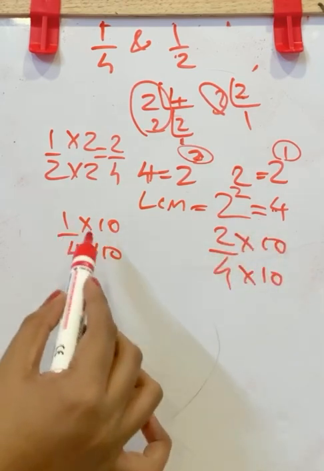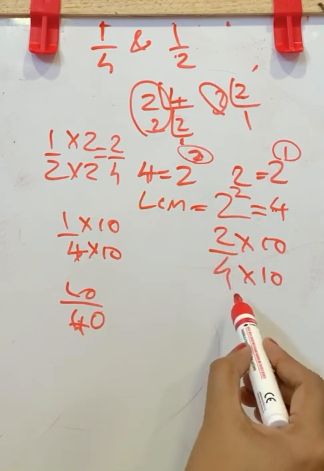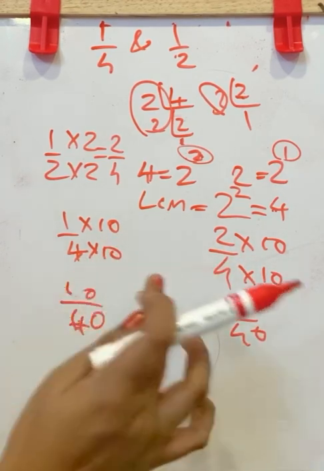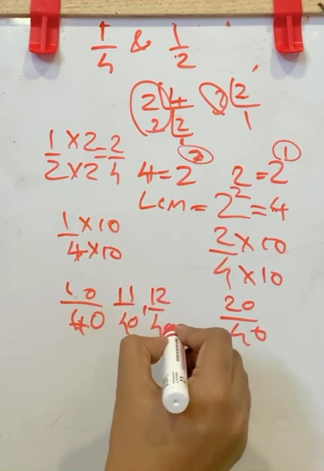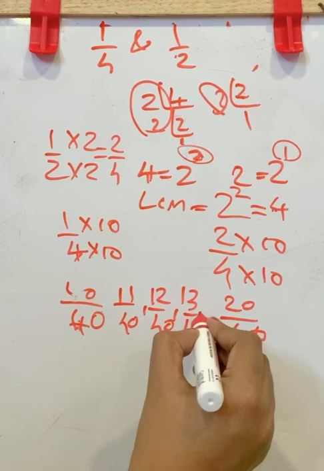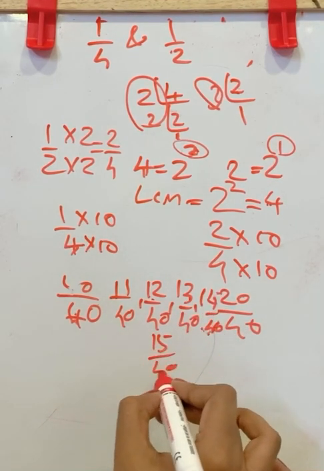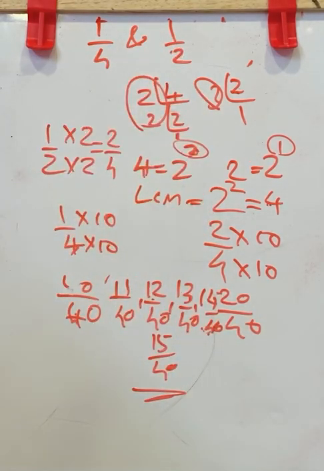Now this becomes 10 by 40 and here it becomes 20 by 40. Between 10 and 20, you can find 11 by 40, 12 by 40, 13 by 40, 14 by 40, 15 by 40. Now 5 rationals are between 1 by 4 and 1 by 2.